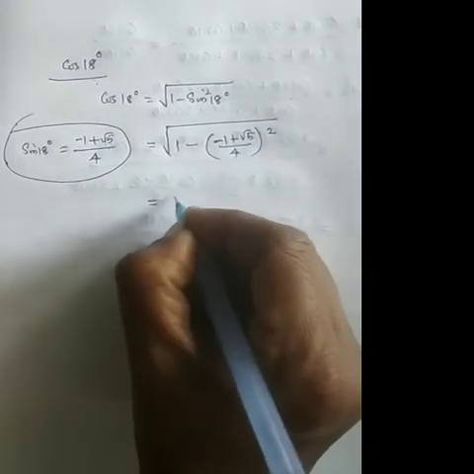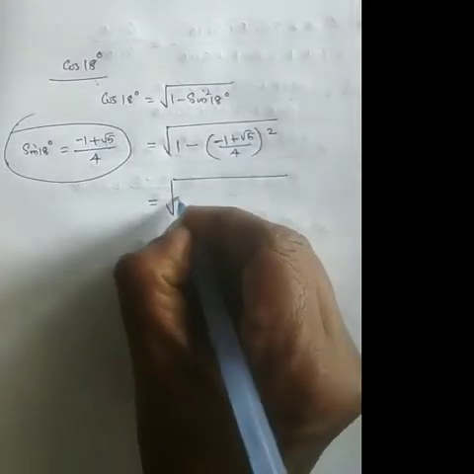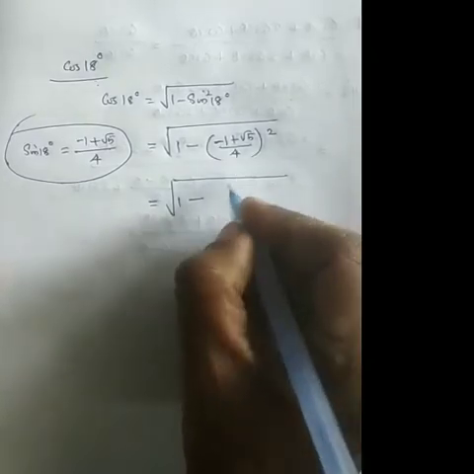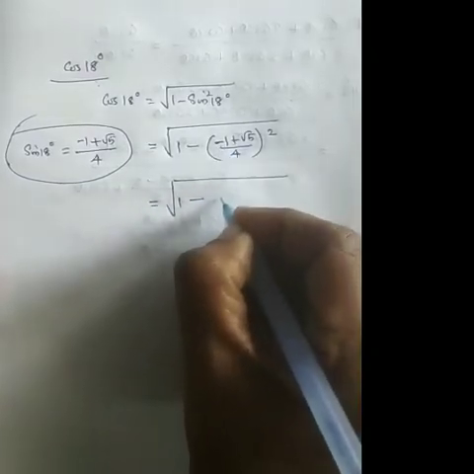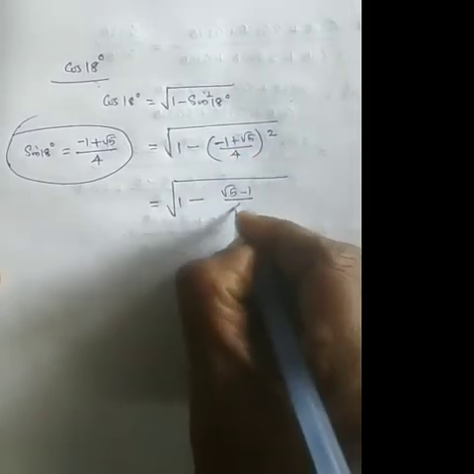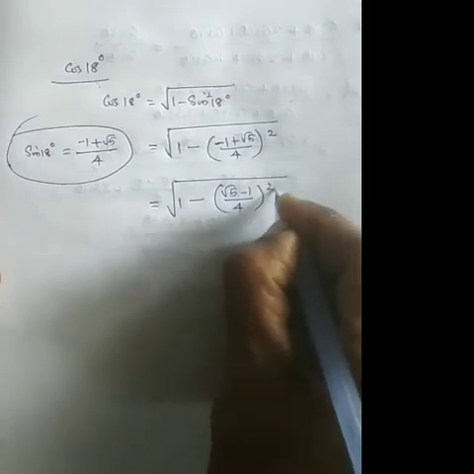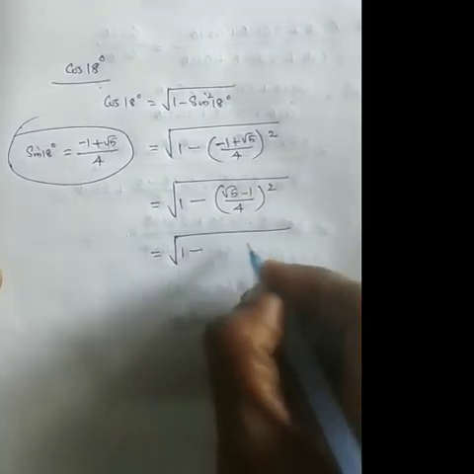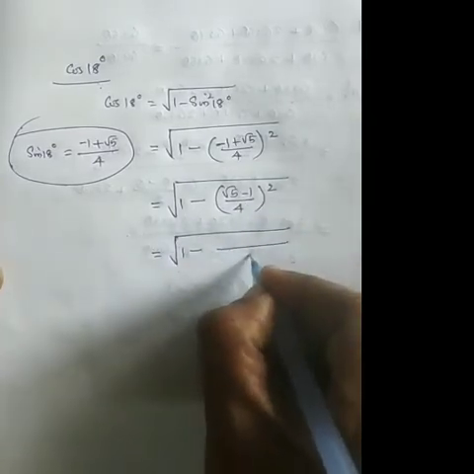It is equal to square root of 1 minus, or we can rewrite it like this, root 5 minus 1 by 4 the whole square, equal to 1 minus, 4 square is 16.